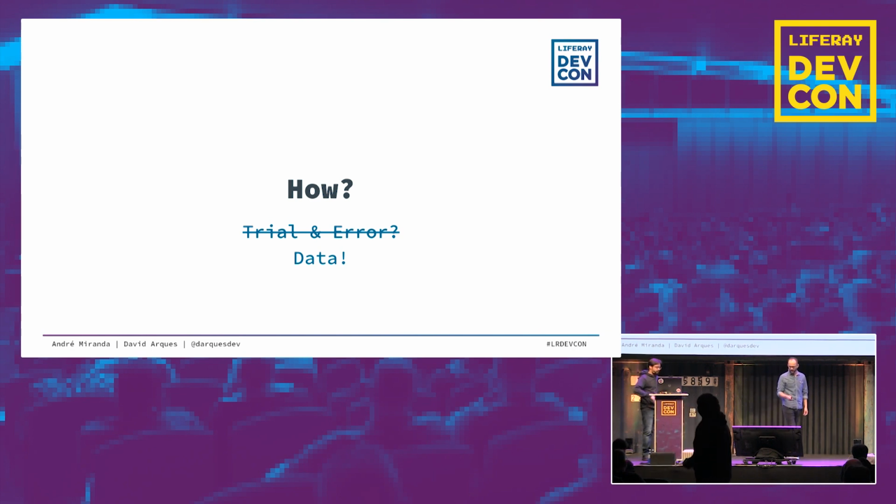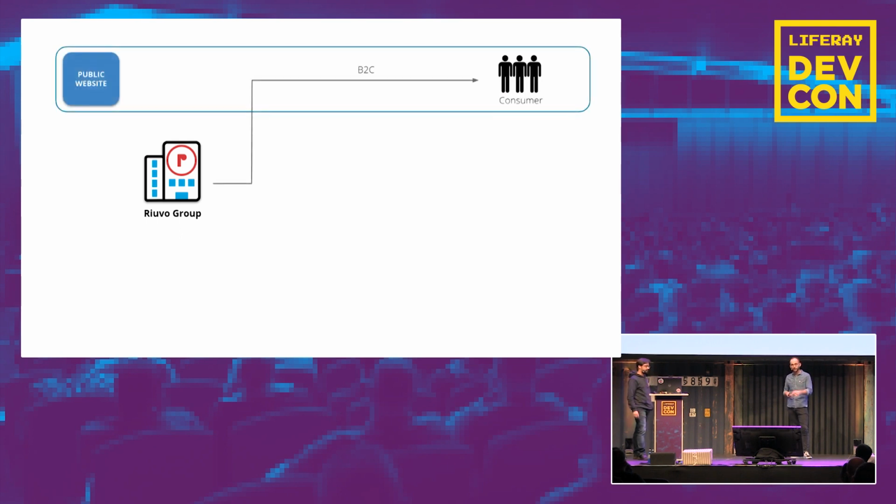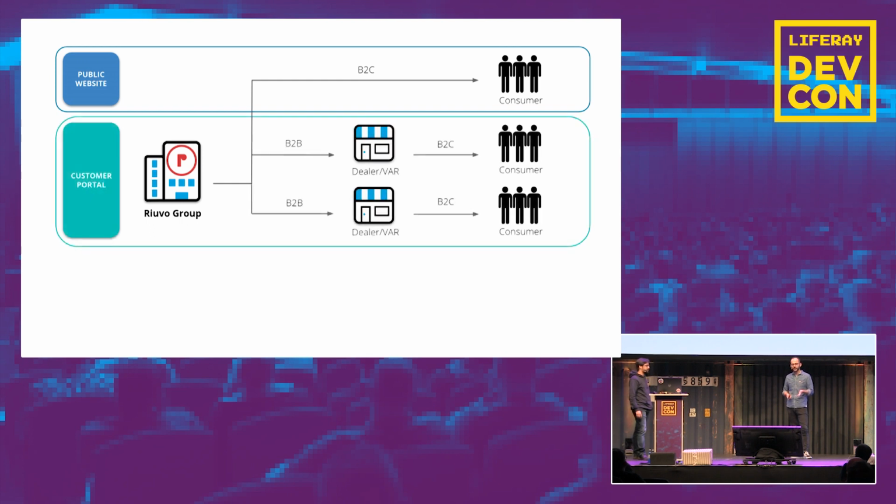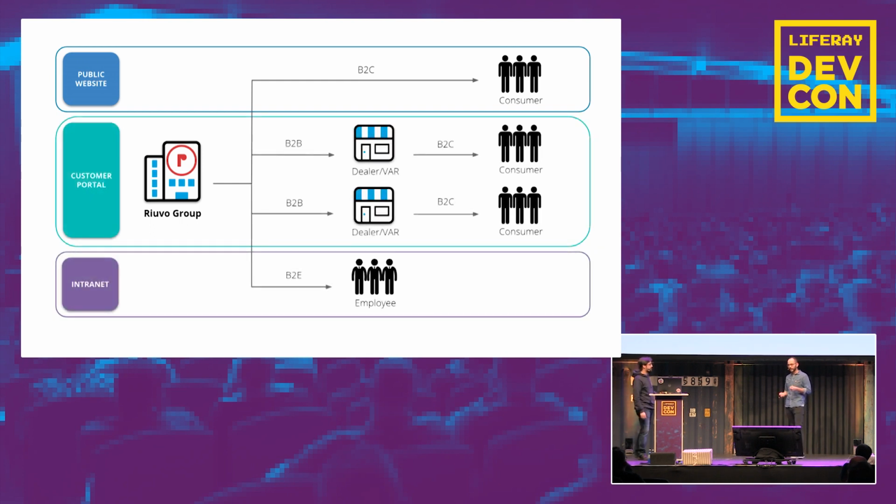As André explained, now I'm going to present the case study we are going to follow during this talk. It's about, surprise, the Ryubo Group that you may already have seen during this DevCon. Ryubo Group is a big car manufacturer with a network of dealers around the world that they've chosen Liferay to digitize their digital experiences, such as a public website, a customer portal, or an intranet.